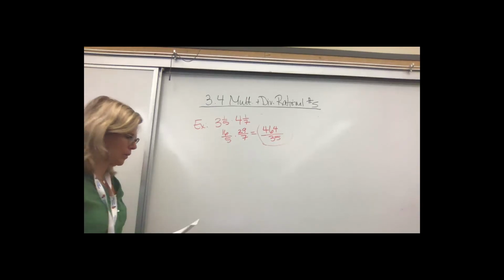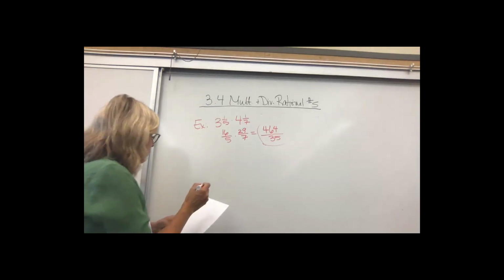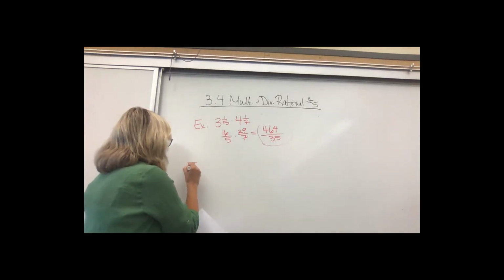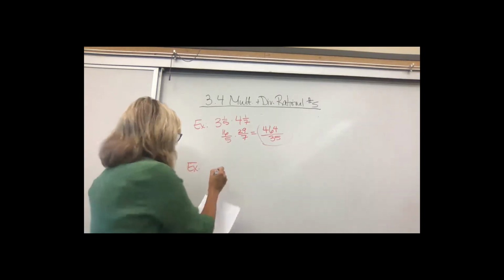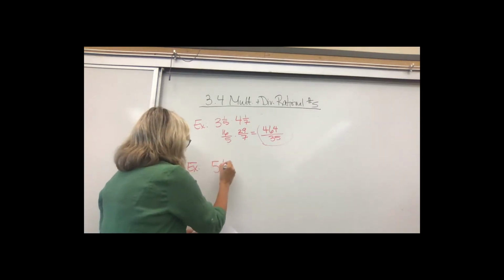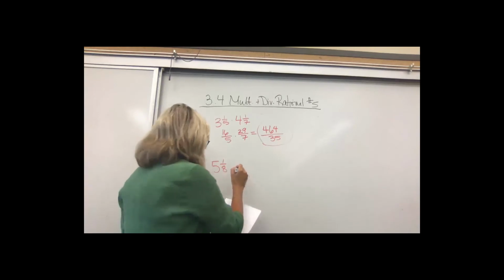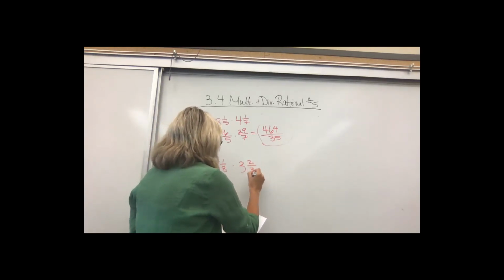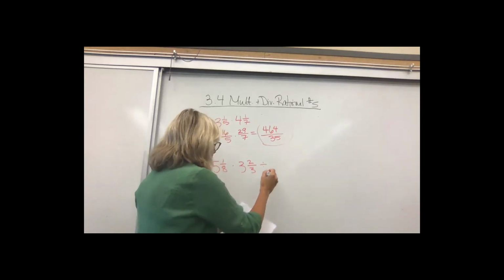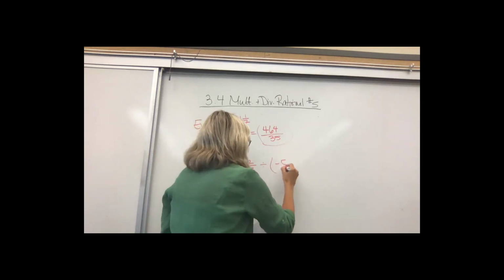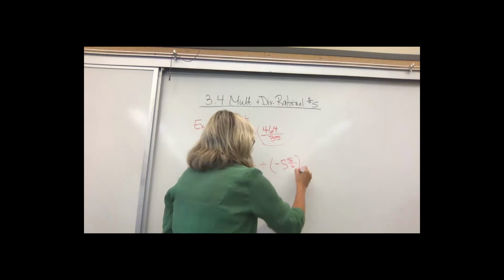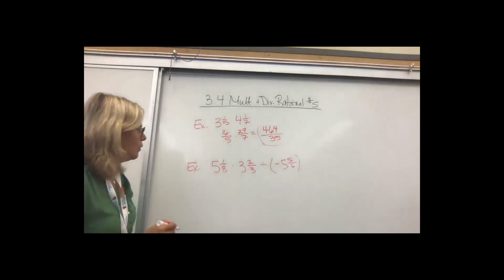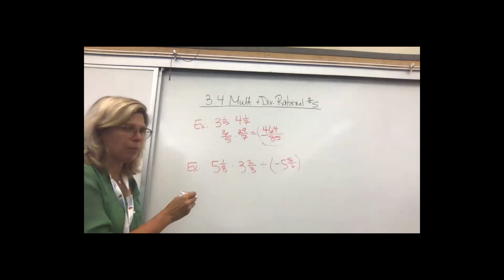And now here's some fun where you have multiplication and division. Example, 5 1/8 times 3 2/3 divided by -5 5/6. Okay, so let's put these into improper fractions.